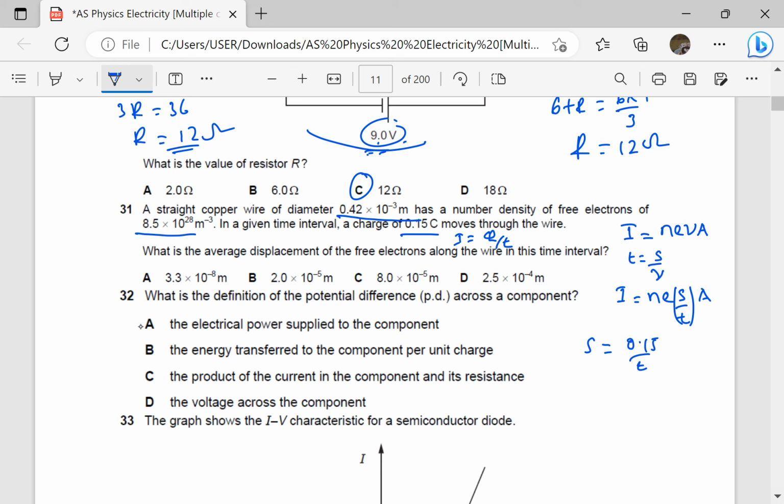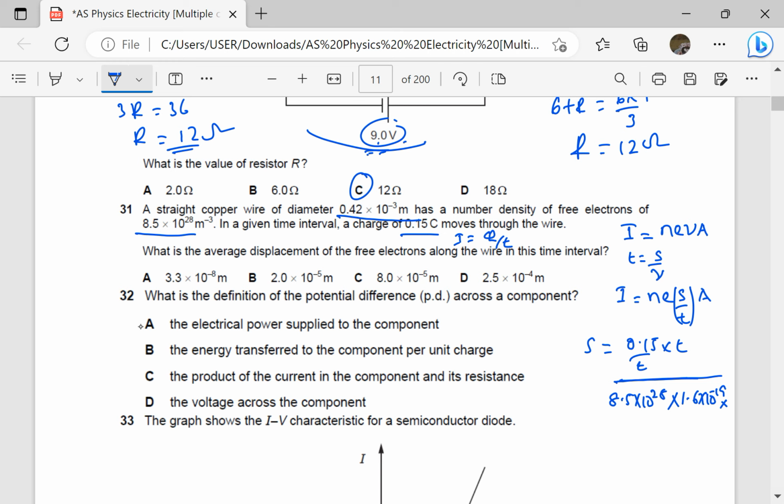Then I will divide this by, I'm making S the subject, remember. I will divide this by N. What is N? N is 8.5 times 10 power 28, then times charge of one electron, 1.6 times 10 power negative 19, times cross-sectional area.